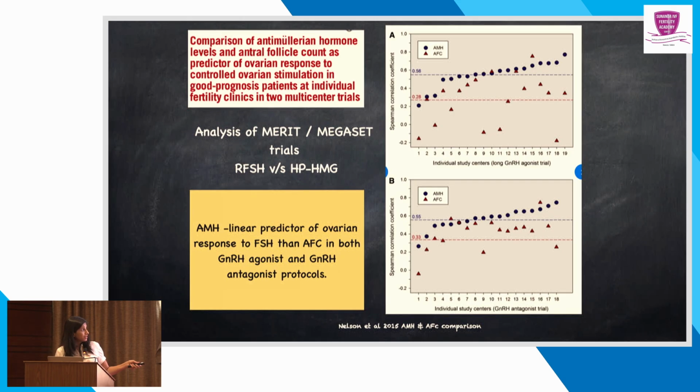In both, what we see is that this triangle is AFC and these dots are AMH. The AMH has a linear correlation with the ovarian response prediction. So AMH is a better predictor of ovarian response to FSH than AFC in both the GnRH agonist and antagonist protocol. And then how can we practice this in our clinical scenario?